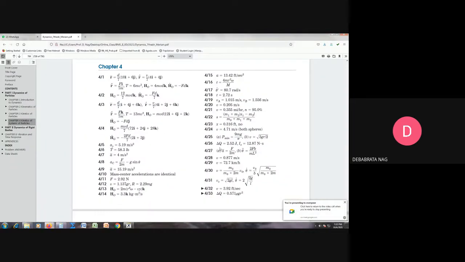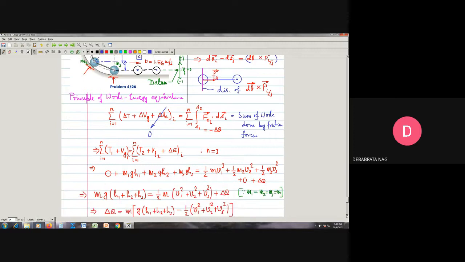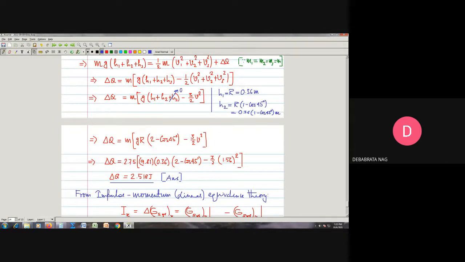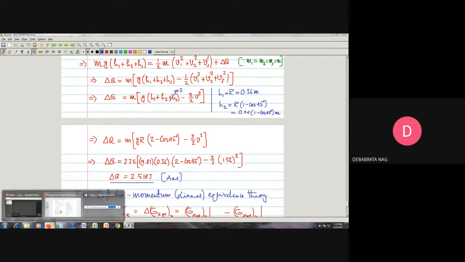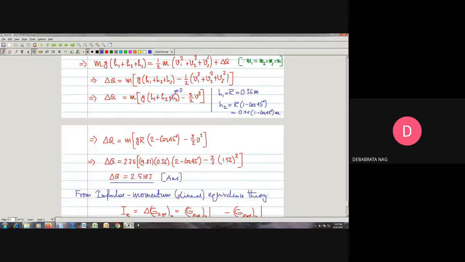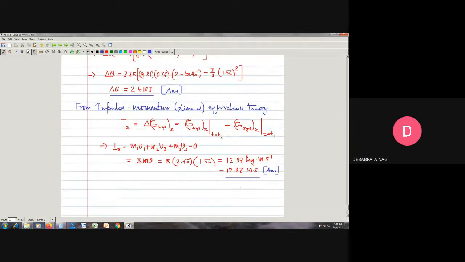We see that delta Q is 2.52 joule. We had calculated delta Q as 2.518 joule. They are saying it is 2.52 joule, so we are correct. And then Ix is 12.87 Newton second, and the Ix that we have calculated is exactly 12.87 Newton second.